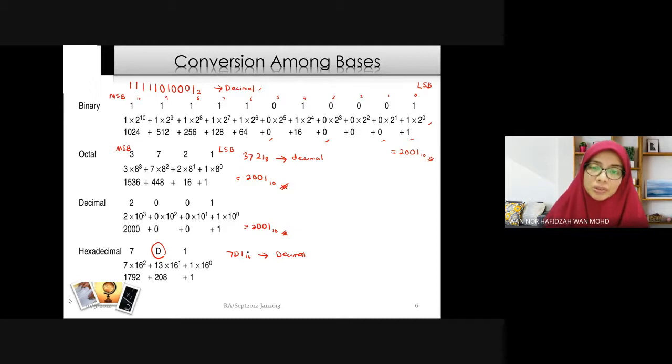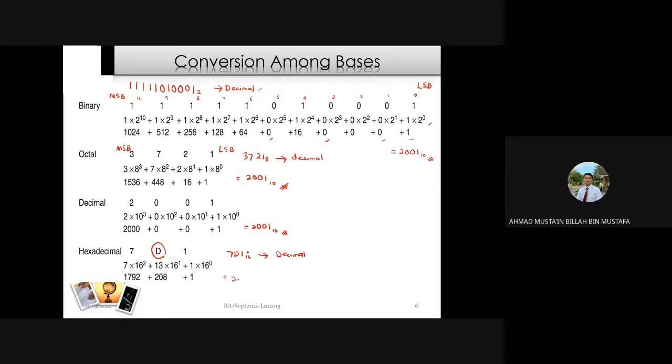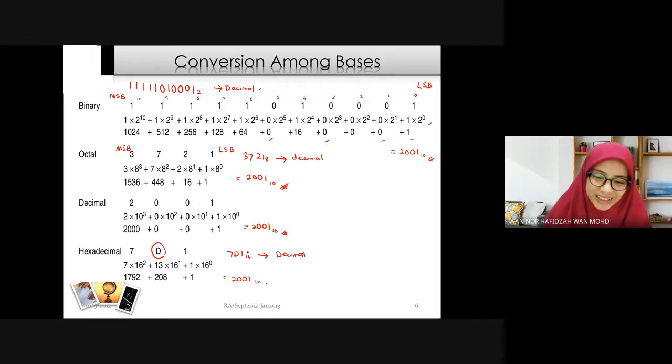So 7 times 16 power of 2, 13 times 16 power of 1, plus 1 times 16 power of 0. So the answer is, what we expect? 2001. That's right.